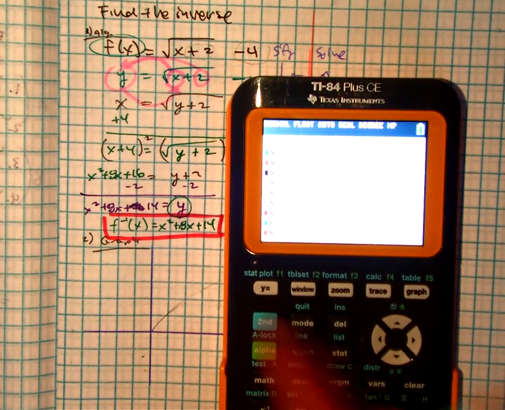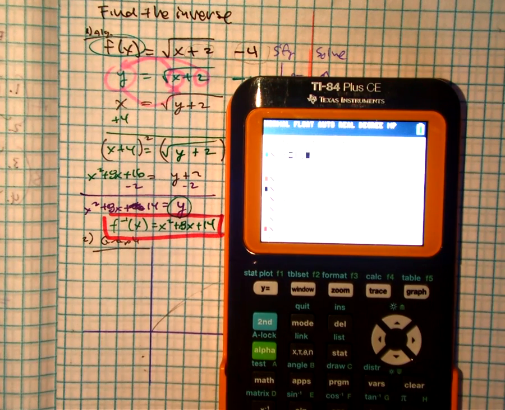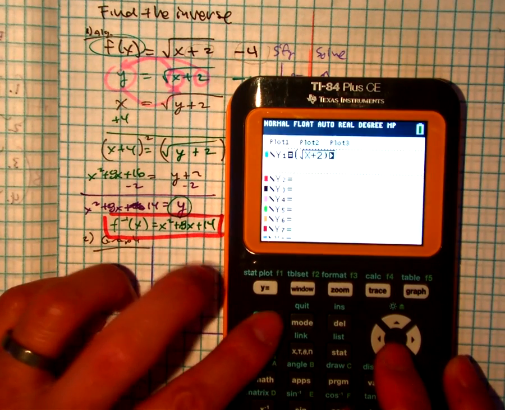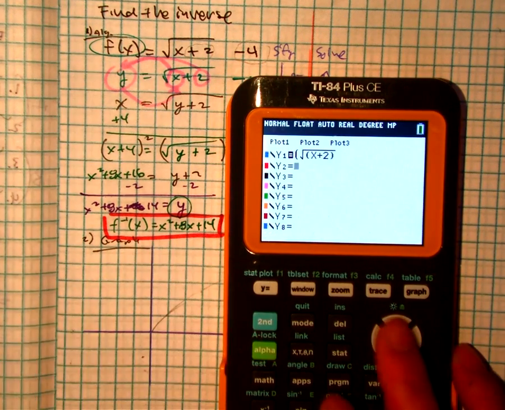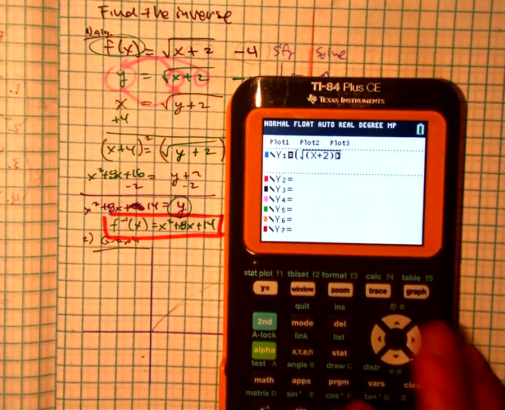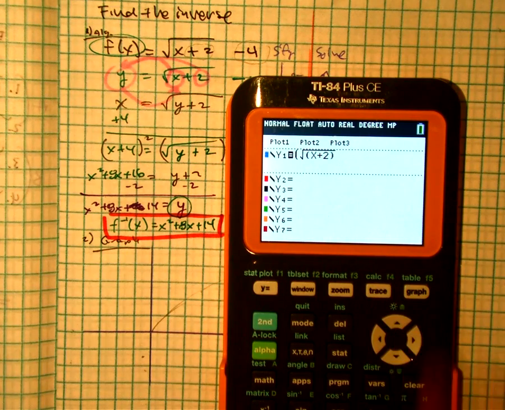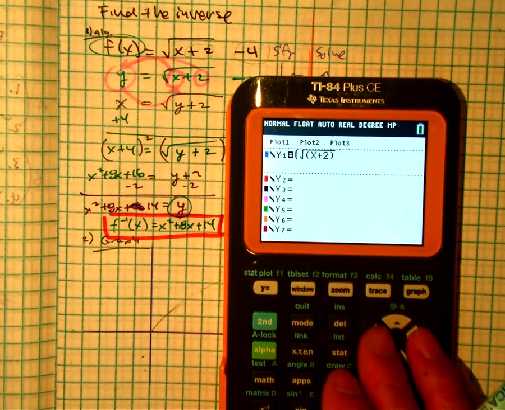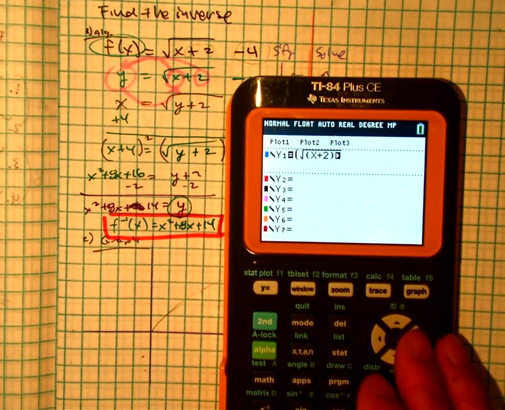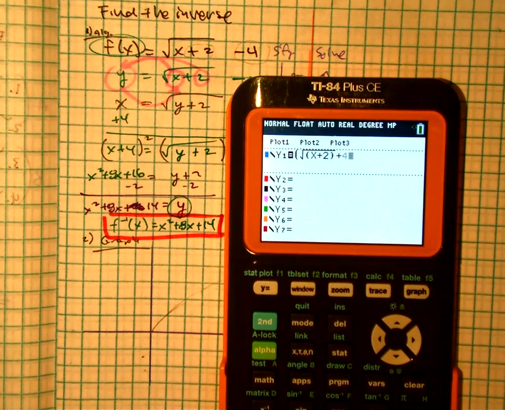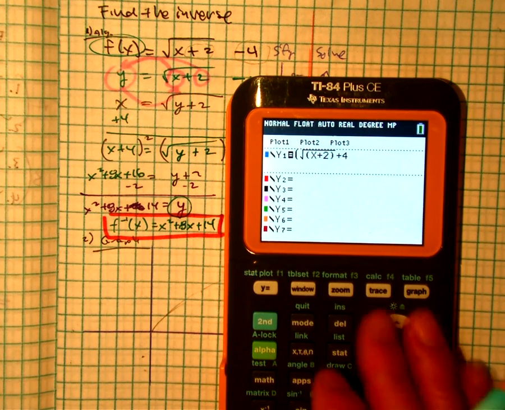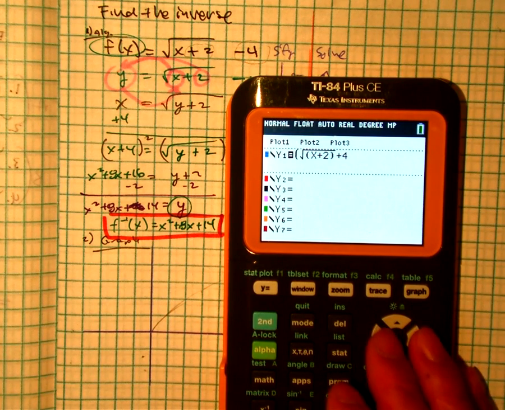So square root, I'm going to put in parentheses, x plus 2. Let's see if I can do this. Did you guys see how I got out of the square root? You just hit the right key and then plus 4. So make sure that plus 4 is not in there. Oh, good job, you.